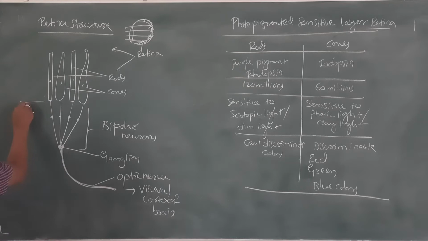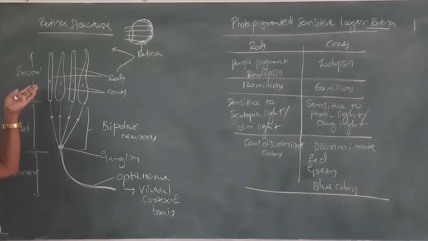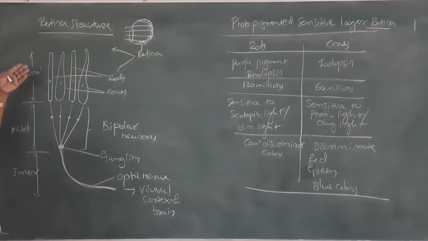The layer exposed to the light is called the external layer. Then the middle part has the bipolar neurons, and in the inner part there are the optic nerves. So from outside to inside, what are the cell layers in the retina? The more light-exposed part is external: rods and cones.